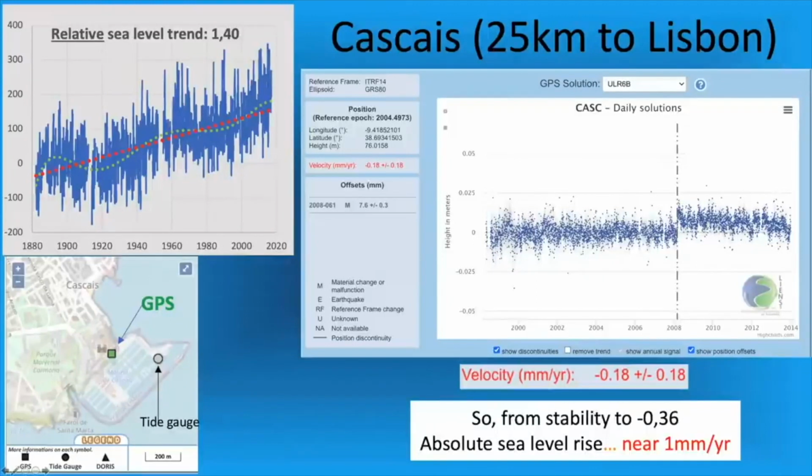You see this trend, and so they calculate this. So it's stable, but with a trend to go down the land. So if you have 1.4 sea level rise, you must subtract this data from the land movement, and so you will have about 1 millimeter per year.